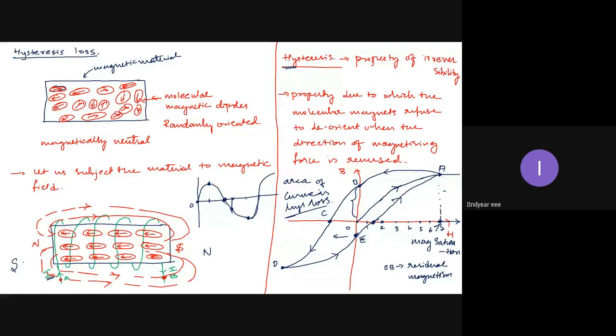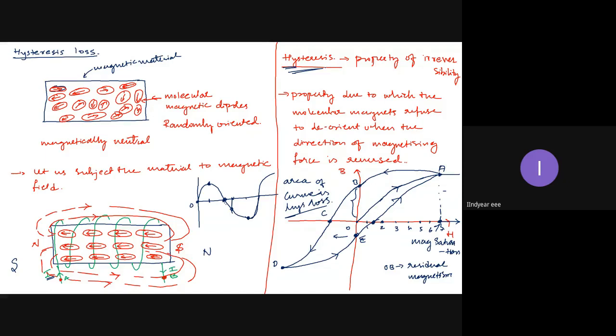So there is no change for the material. So whether I change the direction of current or keep the current in the same direction, it is always magnetizing the material. Therefore, the material will always consume energy. And this consumption of energy is called hysteresis. And this is called hysteresis loss.